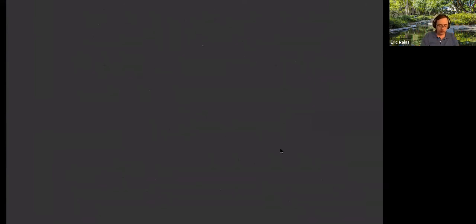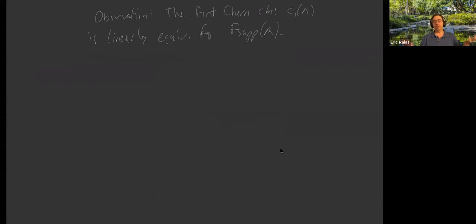Okay, and then the other observation is that the first Chern class is linearly equivalent to this fitting support. And this is what I mean by being better behaved.